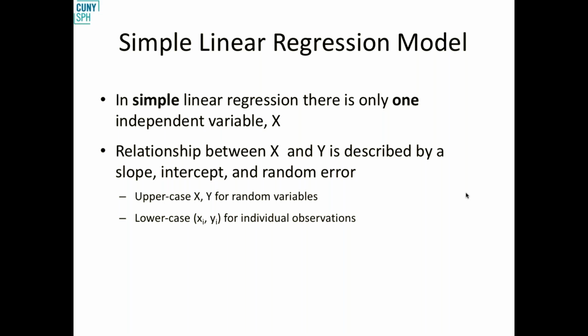Now, there is a version of this that we're not going to discuss, which is called multiple linear regression. In that, you can actually add more independent variables. Let's say that our independent variable is age, predicting our dependent variable, which was blood sugar.